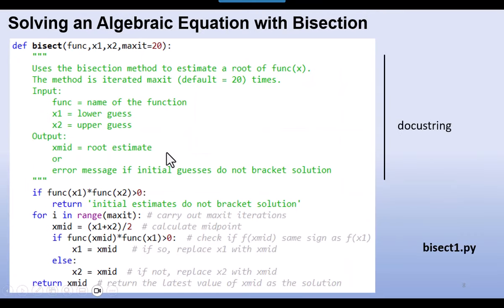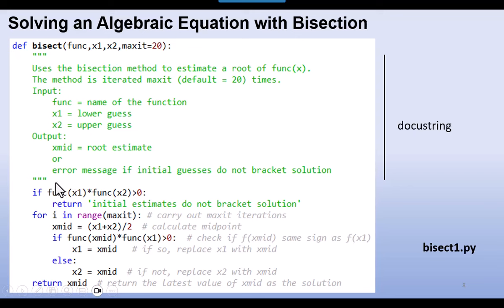So this is an expanded version of what I typed in as simply as I could. And it shows some good practices when you're creating a function for general use. And the first is including something called a docstring. And this is included usually right as a header on the function and is between triple quotation marks.